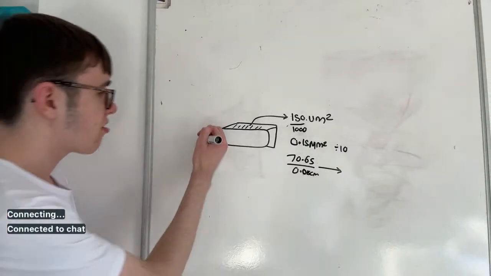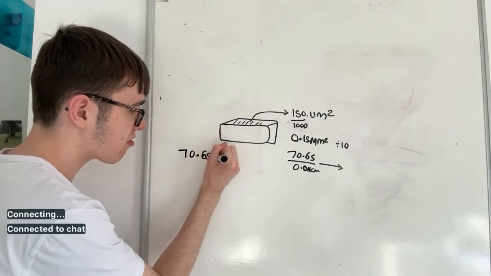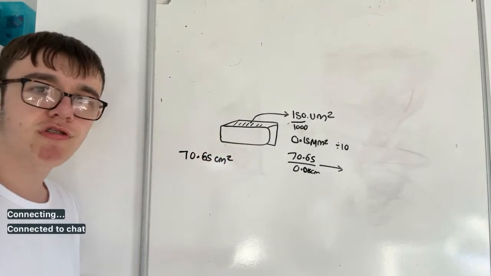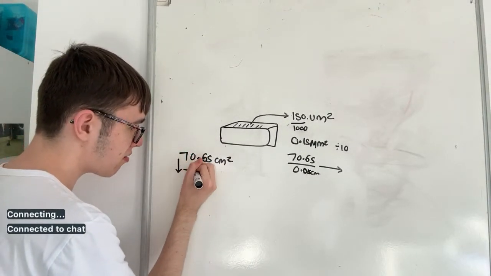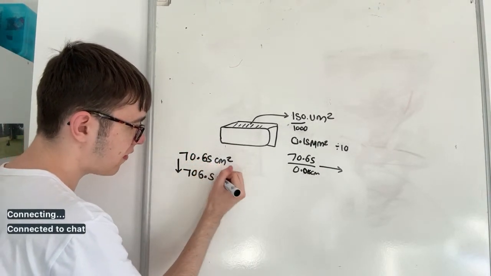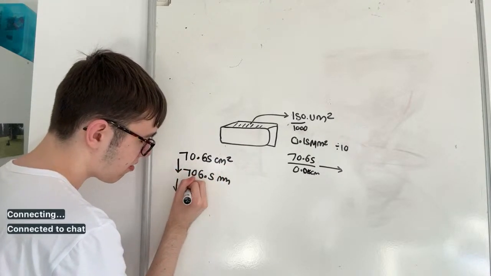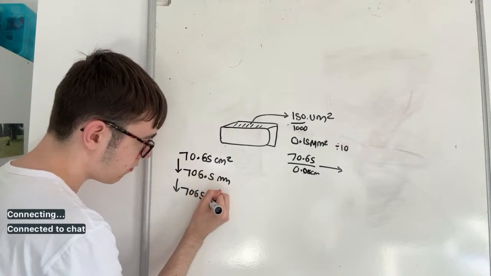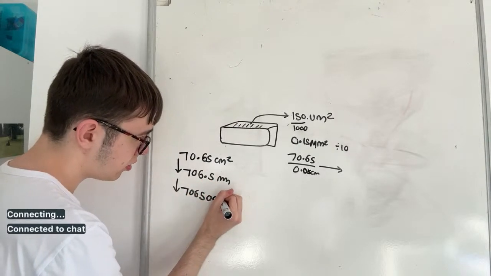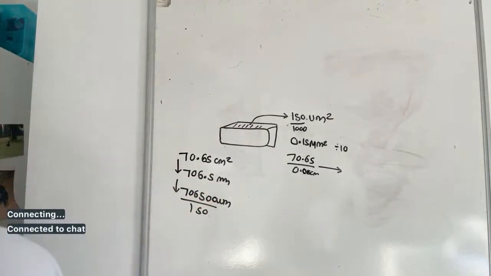Hold on. Centimeters, I'd say 70.65 centimeters squared. Let's just assume we're converting backwards. That's going to be 706.5 millimeters. That's also going to be 706.5 divided by 150.